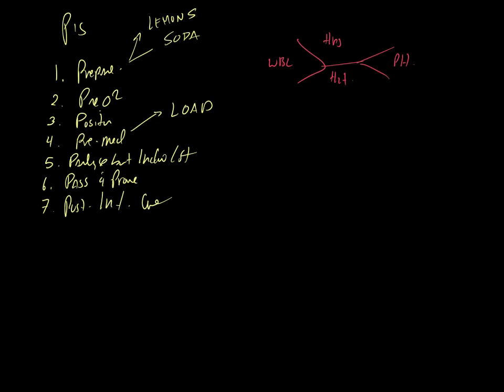Maybe. DIC is more of a clotting factor issue, but yeah, you could definitely lose platelets in DIC for sure. What's maybe a common medication that can cause it? Heparin, good. Heparin-induced thrombocytopenia, HIT, good.